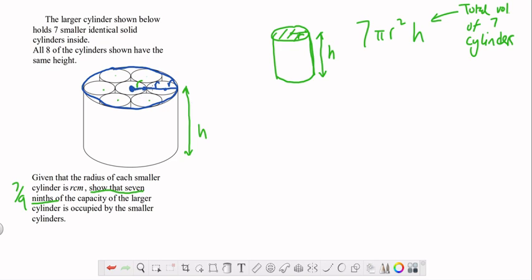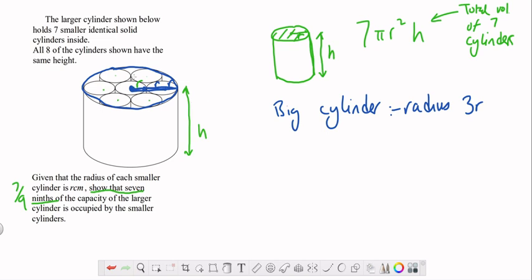And that blue line that I've just drawn represents the radius, from the center to the very edge of the big cylinder. The radius of the big cylinder is clearly not 1r, but it's actually 1, 2, 3r. So the radius of the big cylinder is 3r, 3 lots of r, all right?